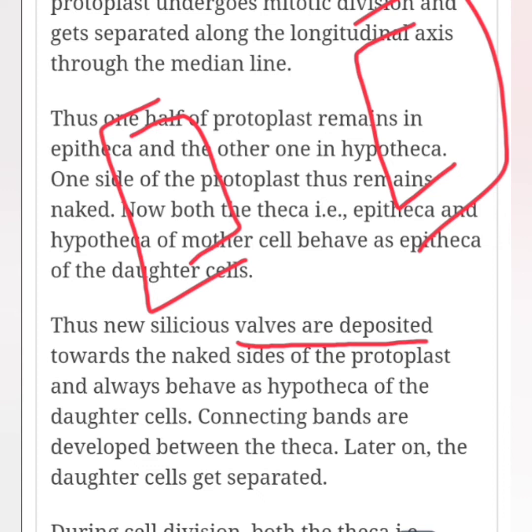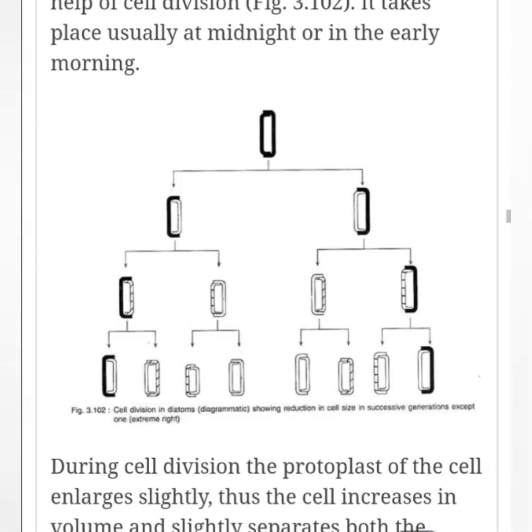So just remember that during cell division, both the theca, that is the epitheca and the hypotheca of the mother cell, in the second division I just showed you, behave as the epitheca of the daughter cells. That is why it is shown here in black color, both.